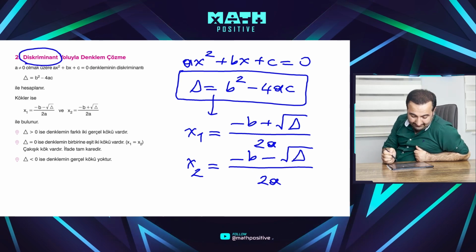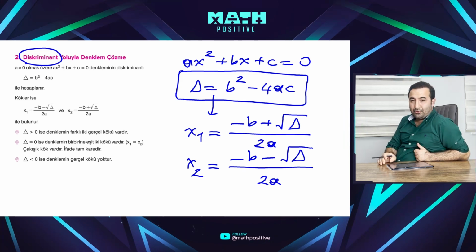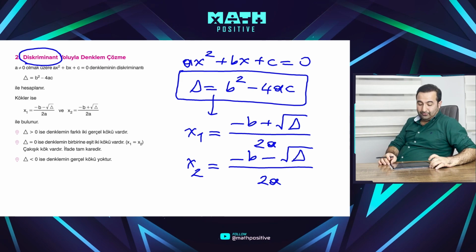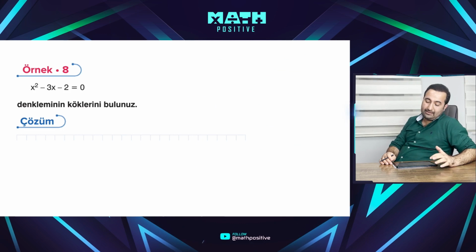This is another method which we call the discriminant method to find the roots of a quadratic equation. Besides the factorizing method, we can use this method to find the roots.